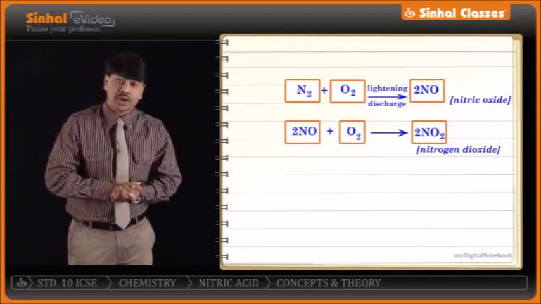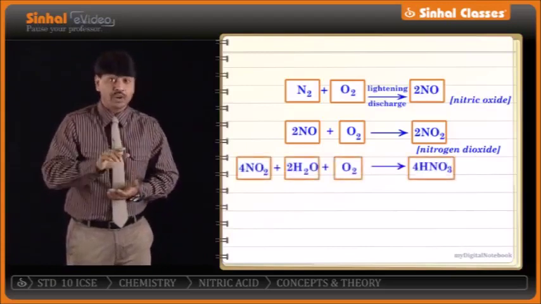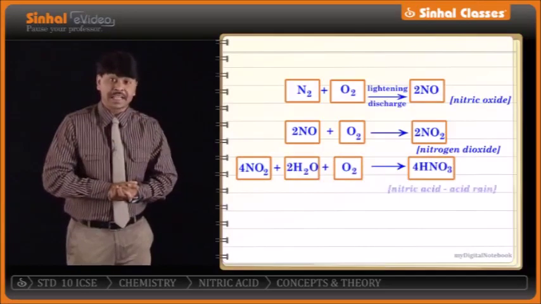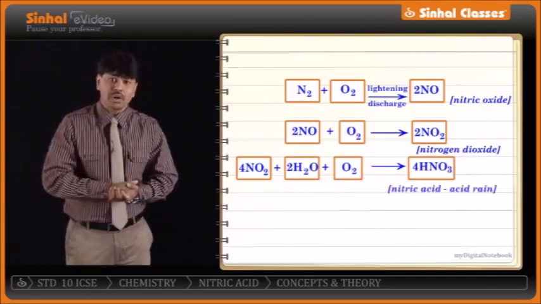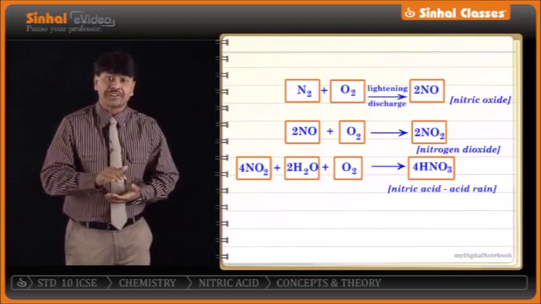This nitrogen dioxide then combines with moisture in the air along with oxygen to form nitric acid, which falls down on the surface of the earth and forms soluble nitrate.